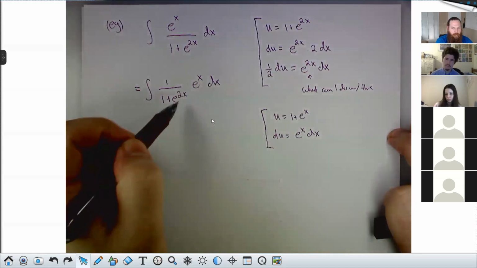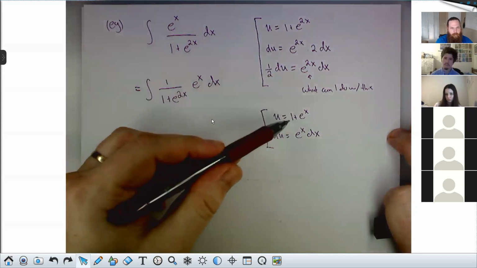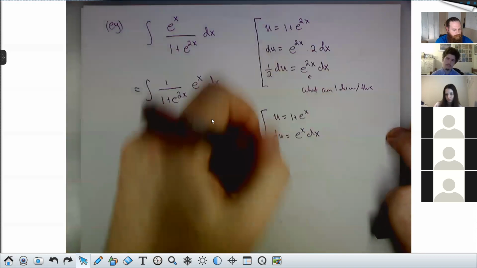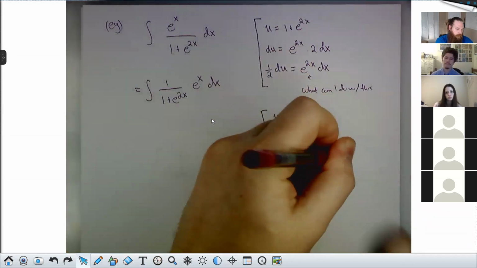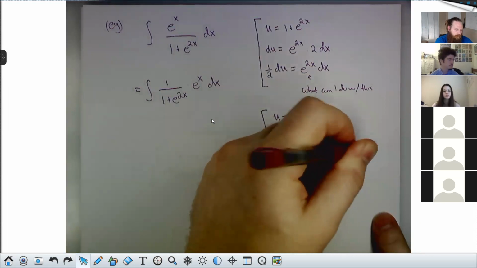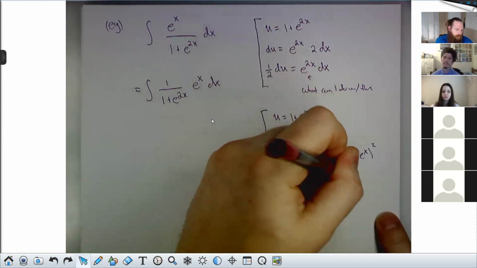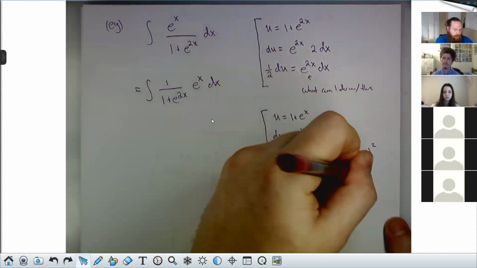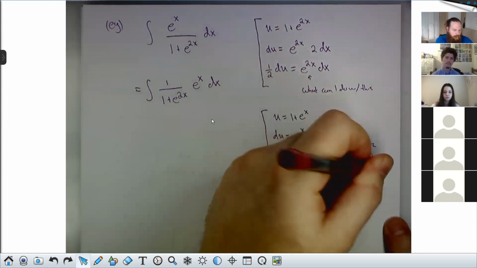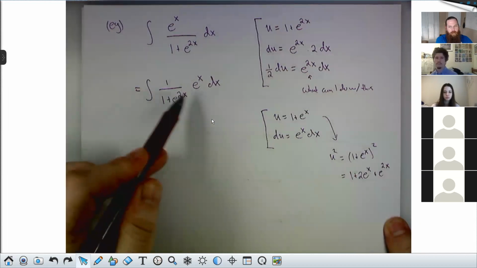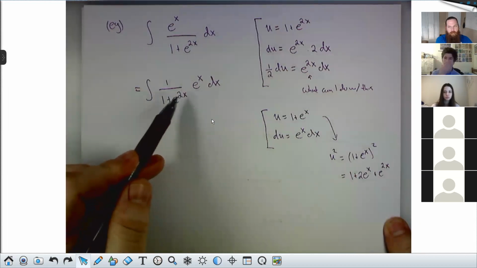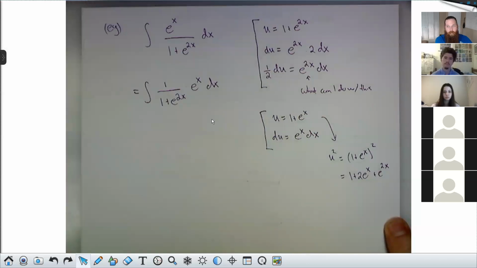But this is now going to be harder to write in terms of u, because u squared here would be 1 plus e to the x all squared, which has some cross terms. That's 1 plus 2e to the x plus e to the 2x. So this piece wouldn't actually be u squared. It doesn't quite work, but we're definitely getting closer.